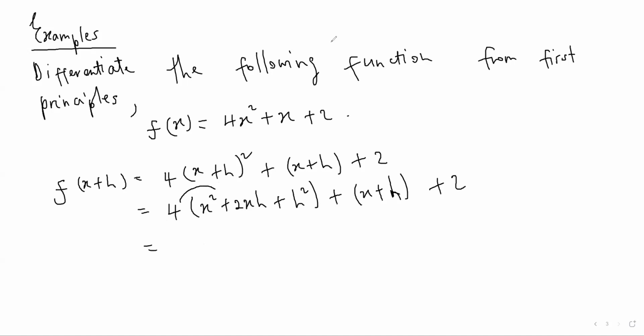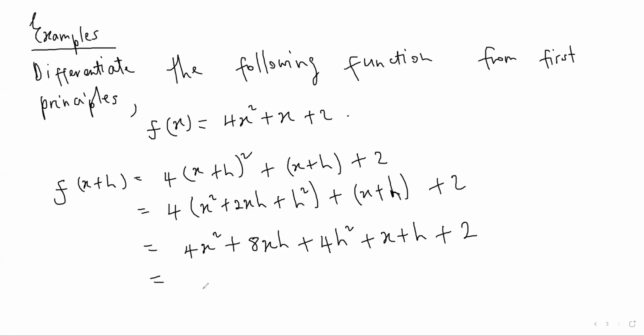That gives us 4x squared plus 4 times 2xh, which is 8xh, plus 4 times h squared, which is 4h squared, plus x plus h plus 2. So that's what we get.